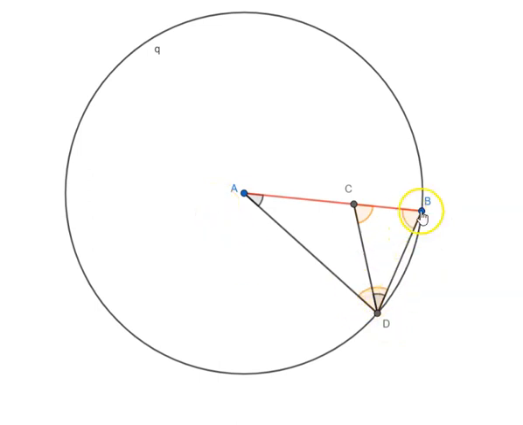That means angle BDA is equal to 2 times DAC, and similarly angle DBA is also equal to 2 times DAC. So we have not only constructed an isosceles triangle whose equal angles are twice the third angle in the triangle.